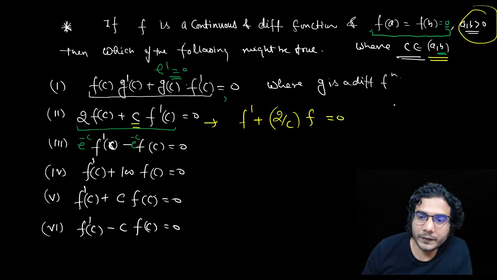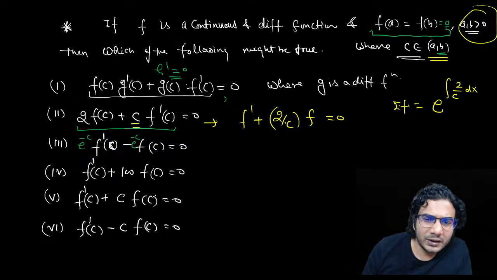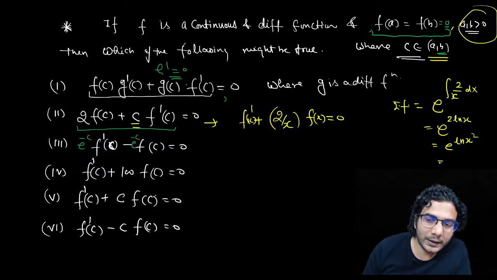So first, the integrating factor is e raised to the integral of 2 upon c dx. 2 upon x, so c की जगह पे x लिख लो सब जगह. So if you integrate it, it is going to be e raised to 2 ln x, and e raised to 2 ln x is e raised to ln x square, and e raised to ln x is x, so it is going to be x square.